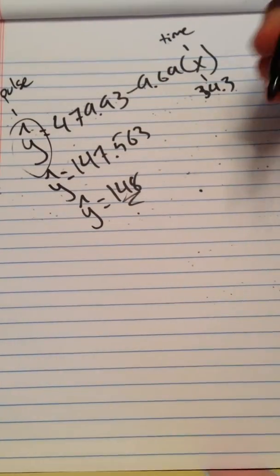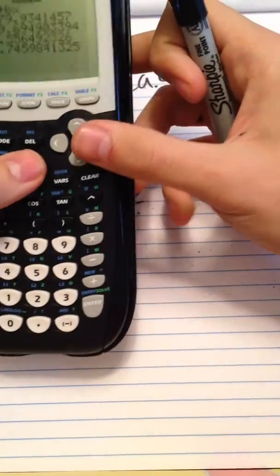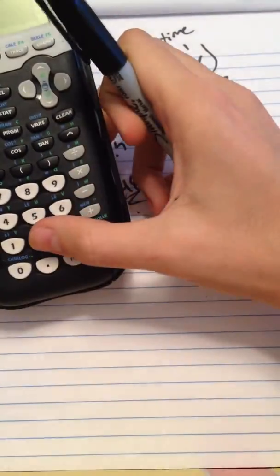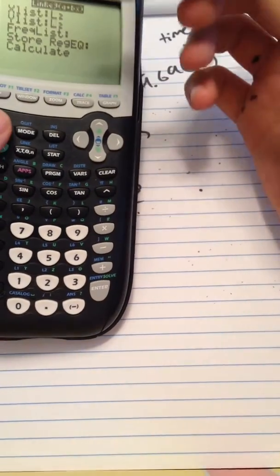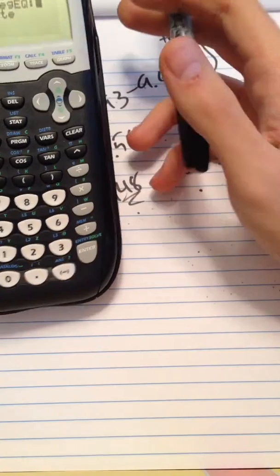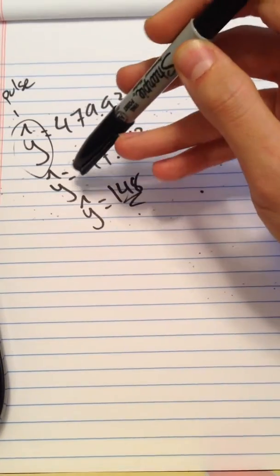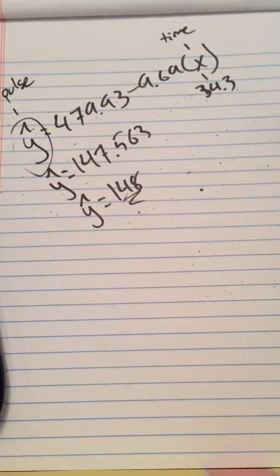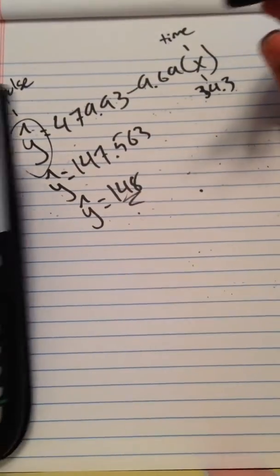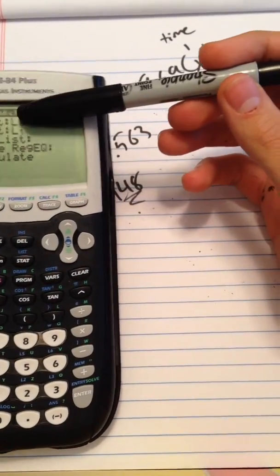So what you would have to do in this case, since it gives us the y value, is go to your calculator, Stat Calc 8, and for your X list, put in L2, or your Y values, and for the Y list, put in L1, or your X values. The reason we do this is because since it gives us the pulse, that would be an explanatory variable, which would mean that it's the X. So don't get confused, just switch the L2 and L1 or the X and Y list.